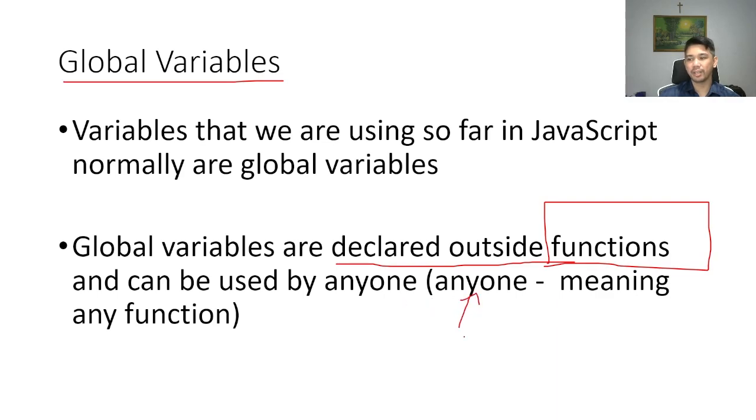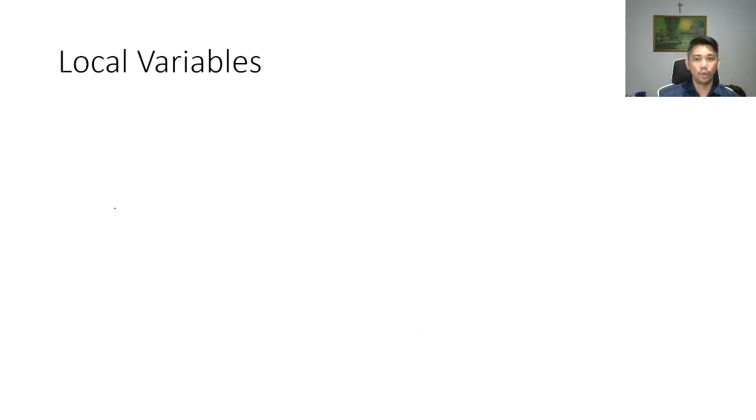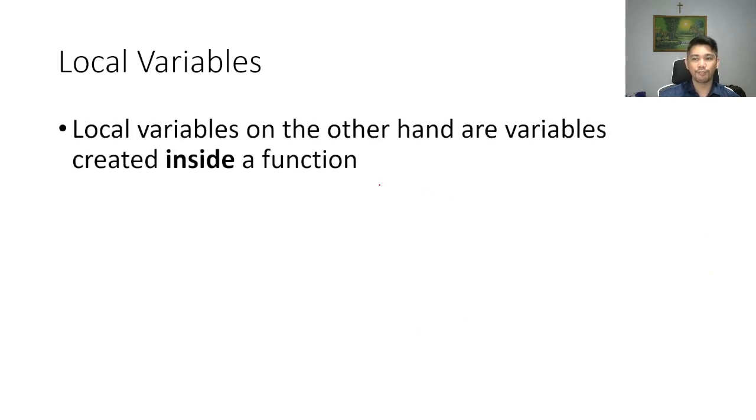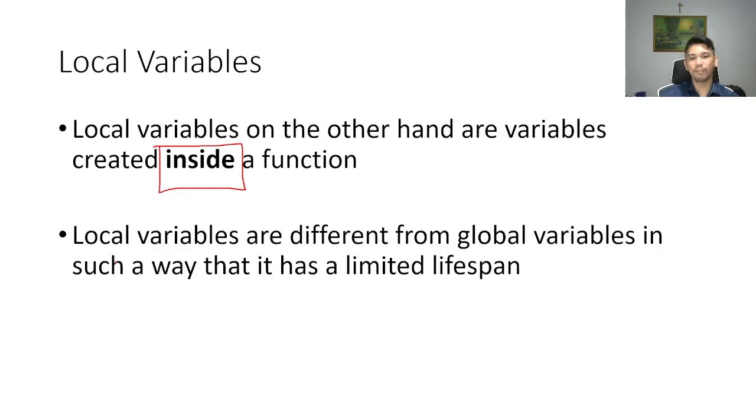What anyone means here is that these variables can be used by any function existing inside the program. On the other hand, local variables are variables that were declared or created inside a function. These local variables are different from global variables in such a way that local variables have a limited lifespan.